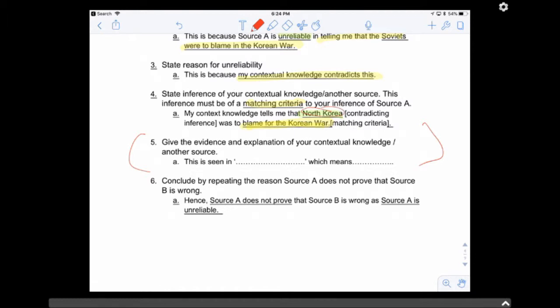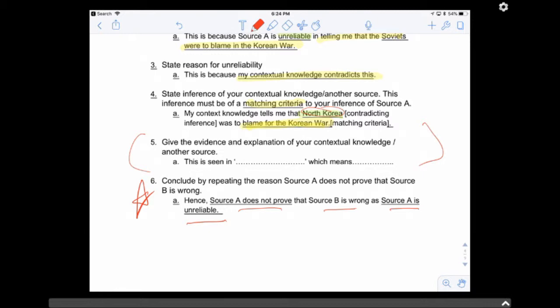Right? Then again, remember to conclude by repeating the line again. Hence, A does not prove that B is wrong, as source A is unreliable. Alright.